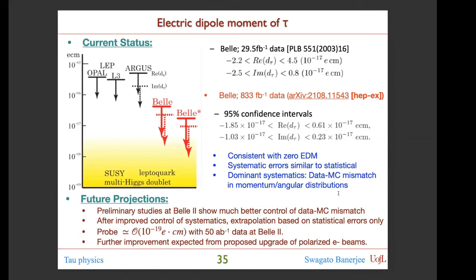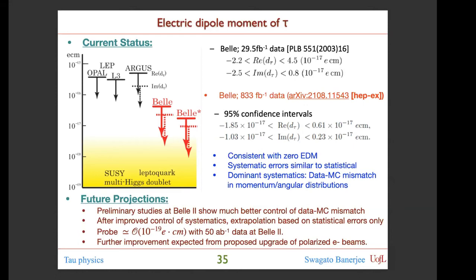The current status of the electric dipole moment is shown here for the different experiments. For the Belle data, using 833 fb^-1 of data, we obtained upper limits on this d, the electric dipole moment term, the real and the imaginary parts, and the upper limits are of the order of a few parts in 10 to the power minus 17.